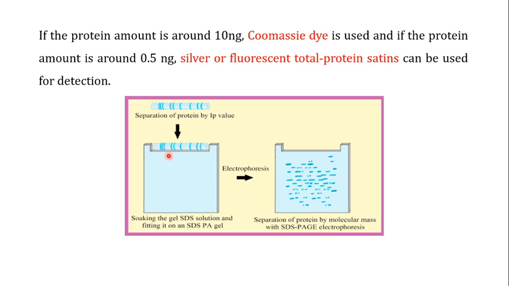As you can see over here, the separation is vertical, here the separation is horizontal, and the proteins get separated from each other by utilizing isoelectric focusing and then the SDS-PAGE.